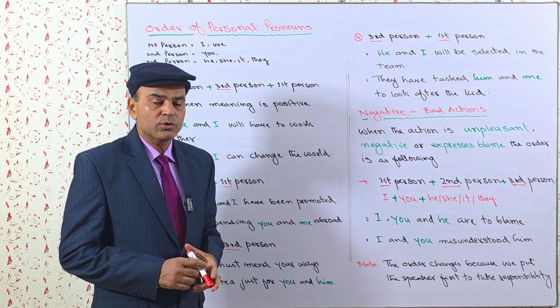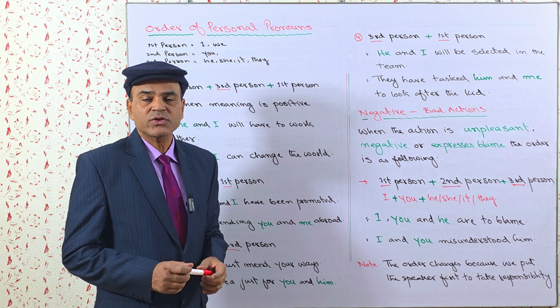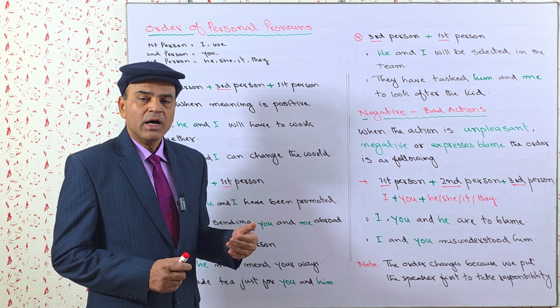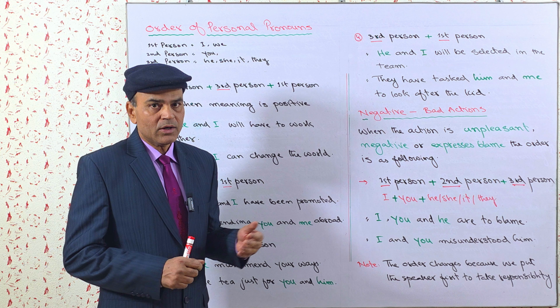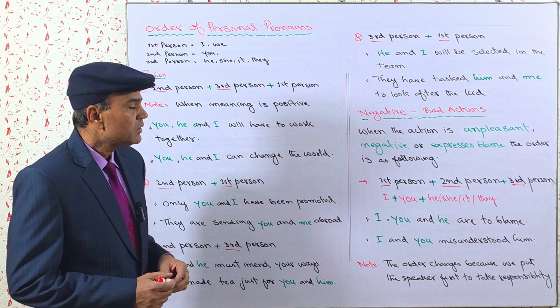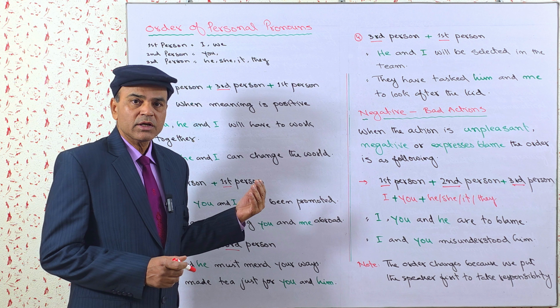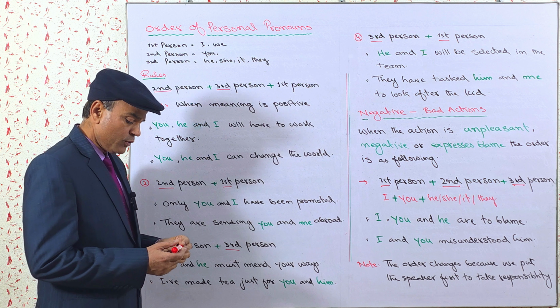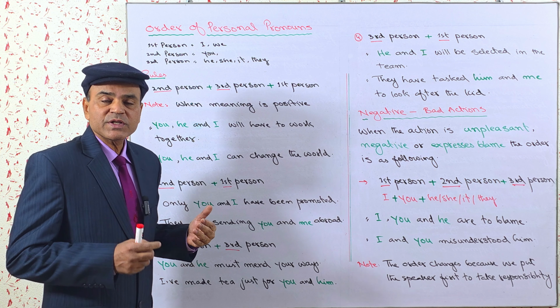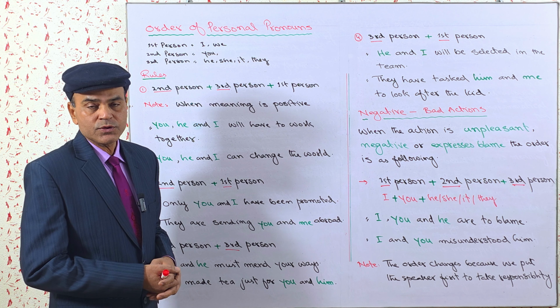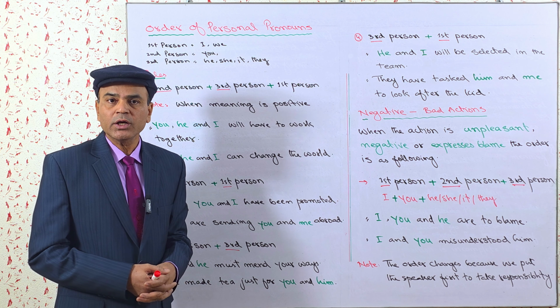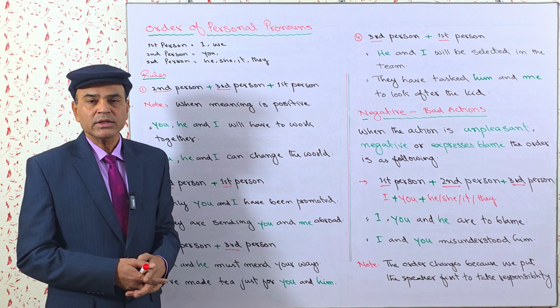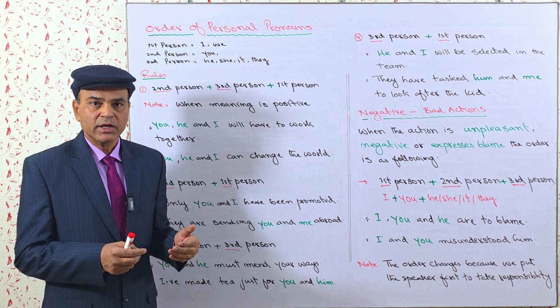Before diving into the rules, let us first of all recall or refresh our memory with the words called personal pronouns. So, we have 7 personal pronouns: I, we, you, he, she, it, and they.